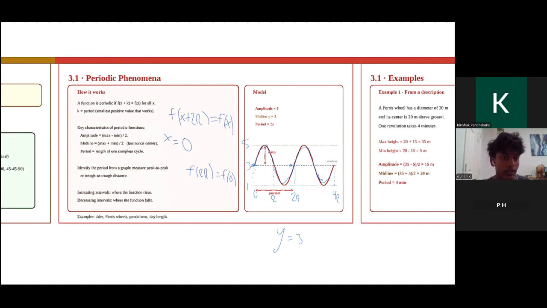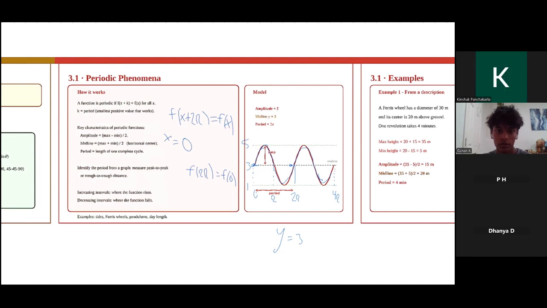And then there are characteristics of periodic functions, which is the amplitude. You can find the amplitude by subtracting the maximum minus the minimum and then dividing by 2. Another way is to subtract the midline from the maximum, the difference between the midline and the highest or lowest point, which in this case is 2, so the amplitude equals 2.